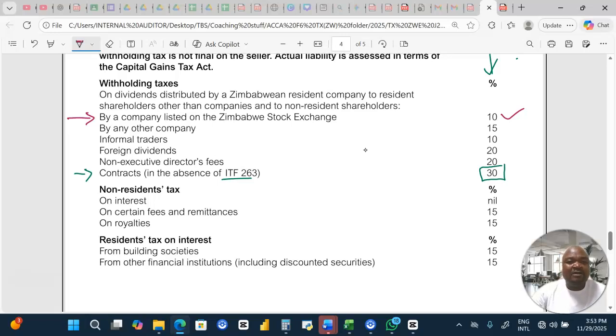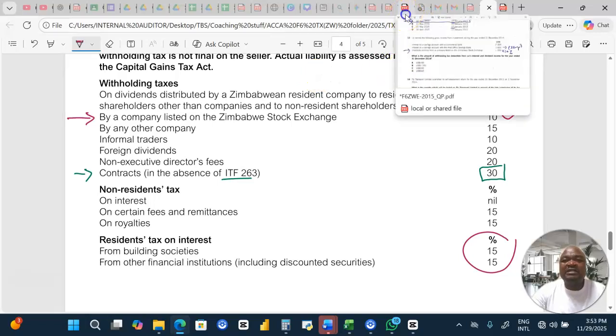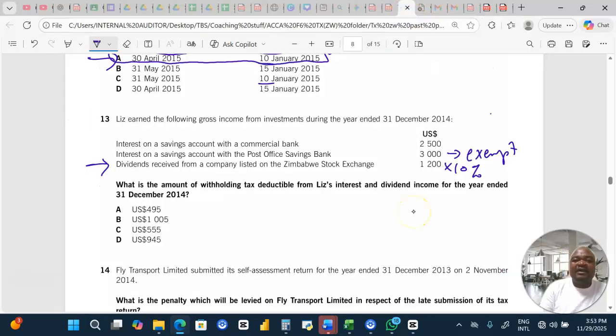Okay. What about the interest now? Resident tax on interest from building societies or from other financial institutions, we are going to use 15%, isn't it? So there we come to the question and apply here.